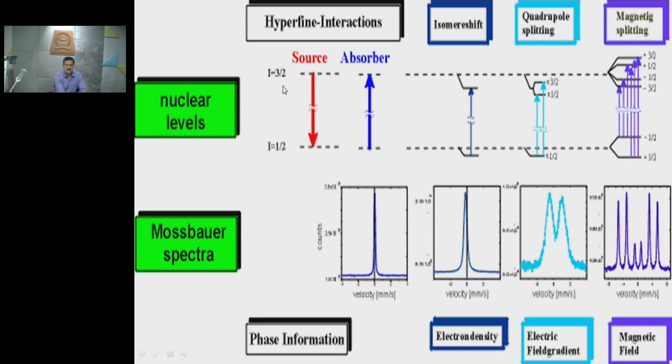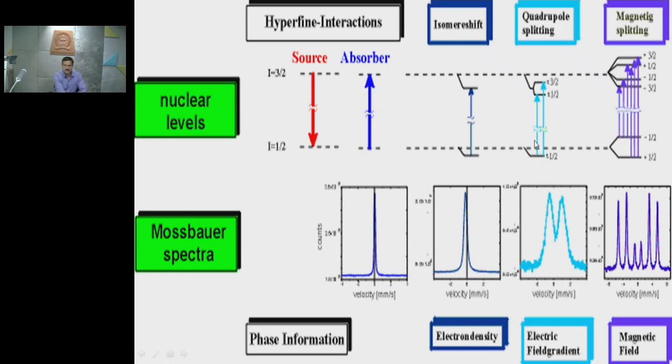But when I is equal to 3/2 and I is equal to 1/2, there is an exact resonance, then hyperfine interaction. When an isomer shift occurs, they shift slightly. So this one, hyperfine interaction, is from 0, where there is a complete MB spectrum with respect to the natural bit. This is a shift from here, which we call the isomer shift.